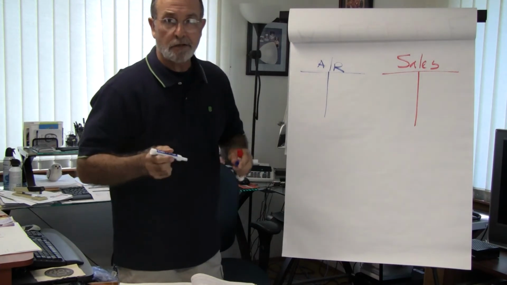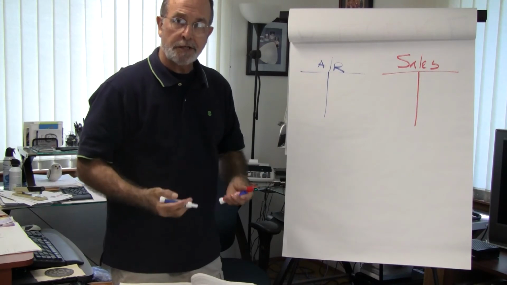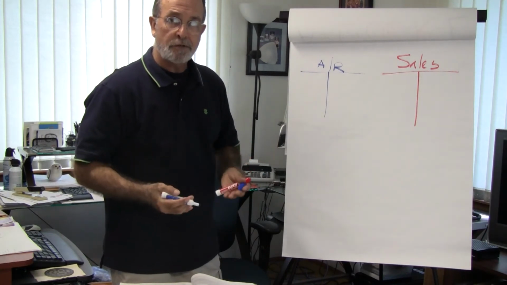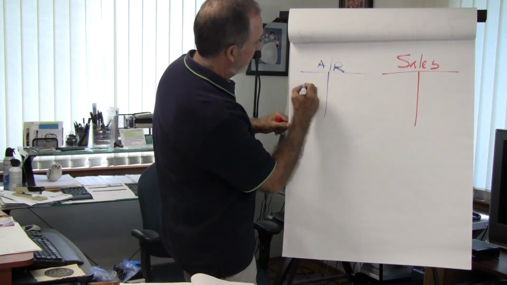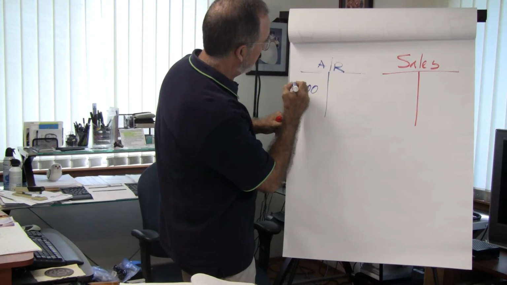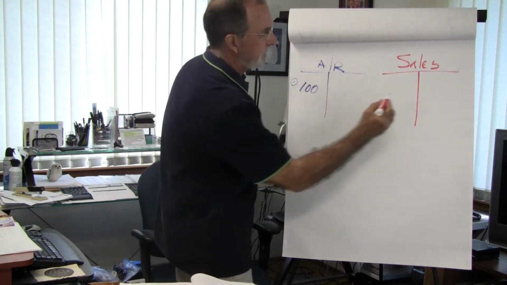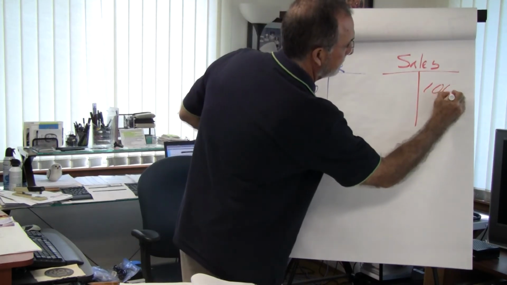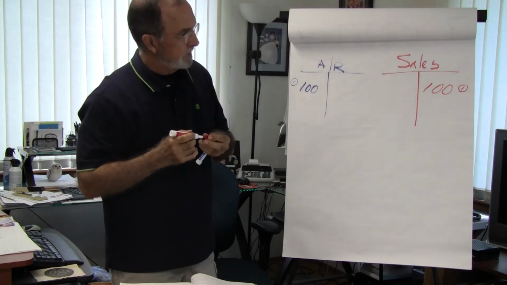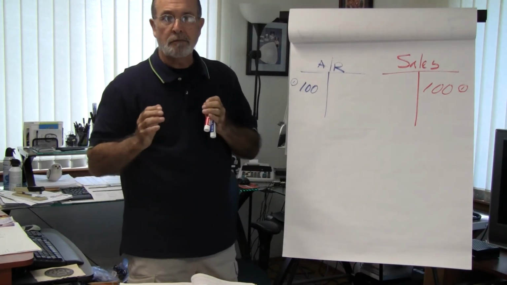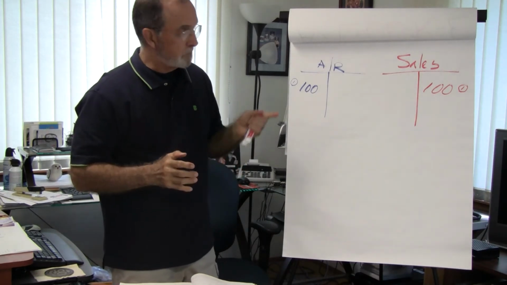So if we make a sale on credit, under the accrual basis, the exchange has taken place and revenue has been earned, and so that transaction would be recorded as a debit of $100 to accounts receivable and a credit of $100 to sales.